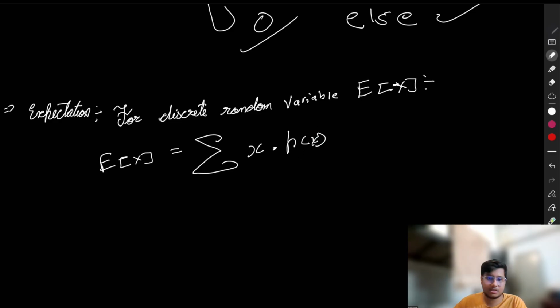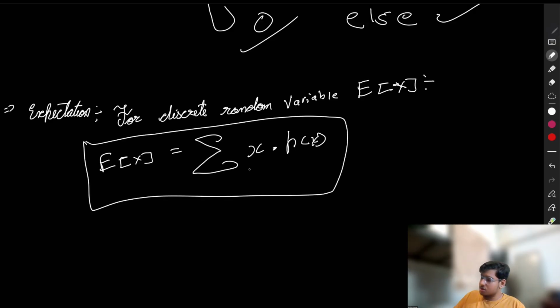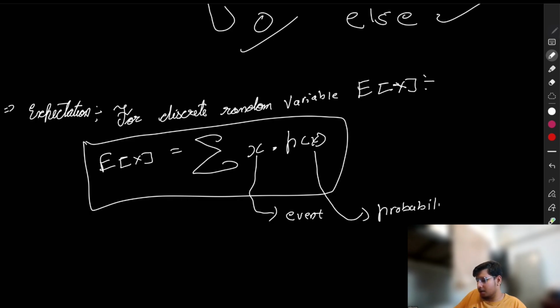Let me explain this formulation first. What is this x? X is the event. And what is p of x? P of x is the probability of that event, or you can also write the PMF of that event, probability mass function of that event.